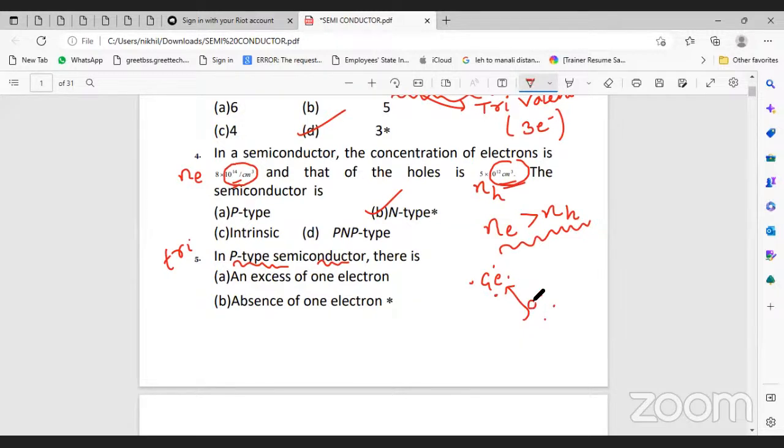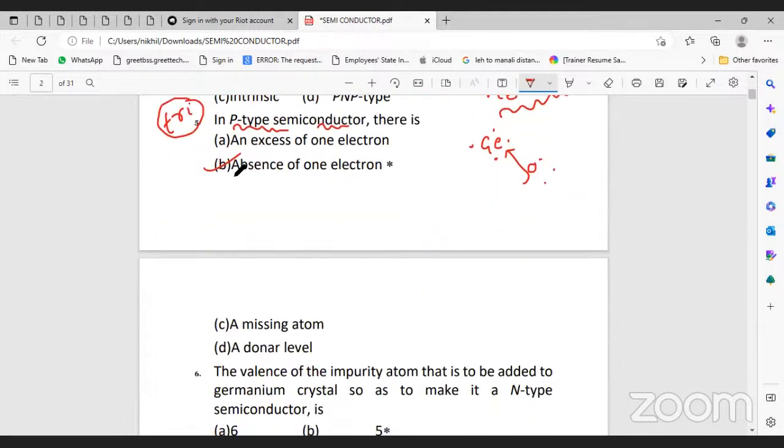There is one shortage of electron. One shortage of electron will be there in the p-type semiconductor because it is doped with a trivalent. So there will be an absence of 1 electron in the p-type semiconductor.